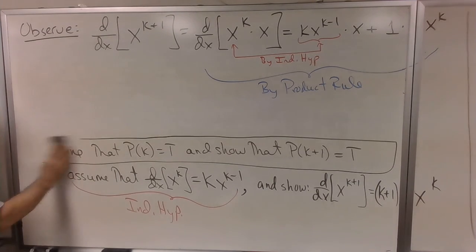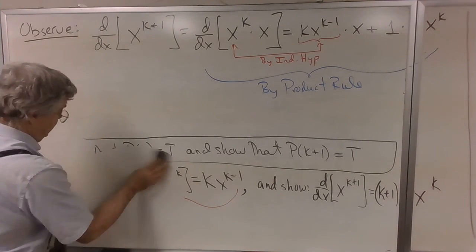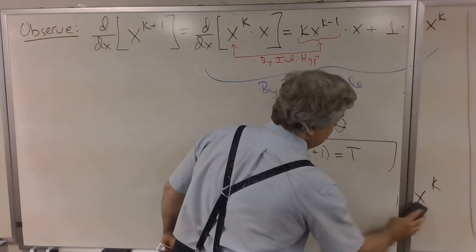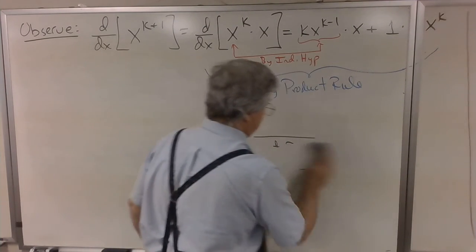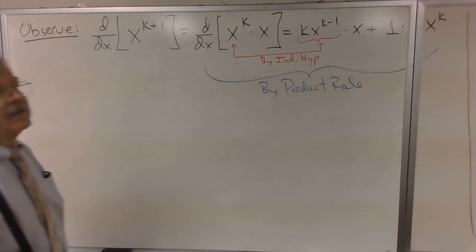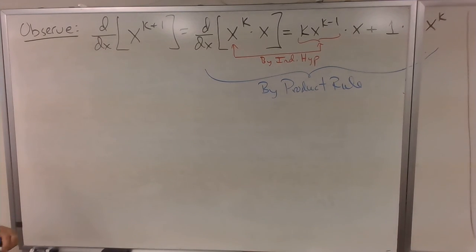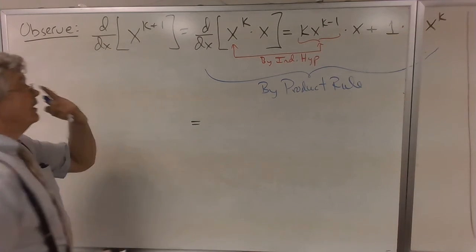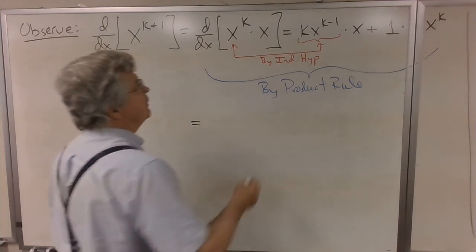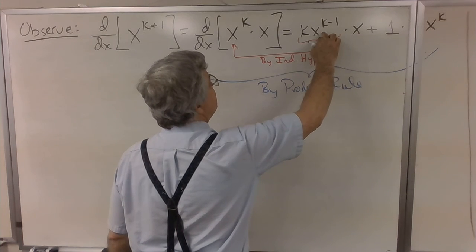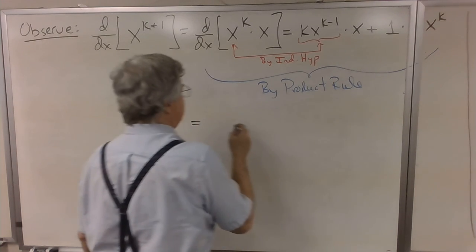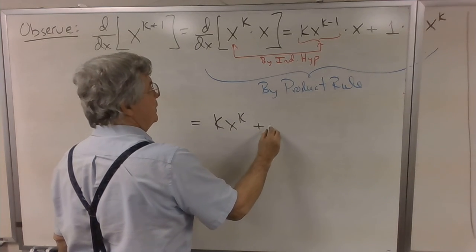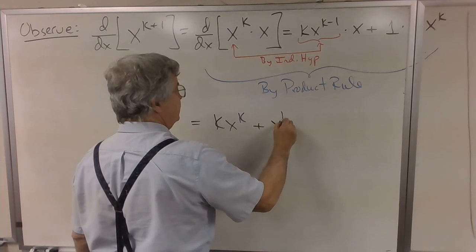And now we'll just group everything together. So let's see. x times x to the k minus 1 is just x to the k. kx to the k plus x to the k.